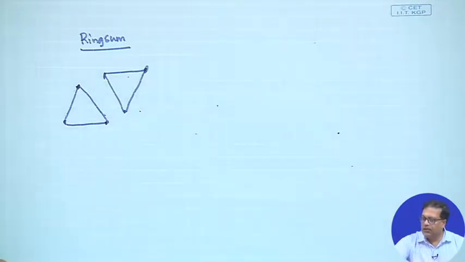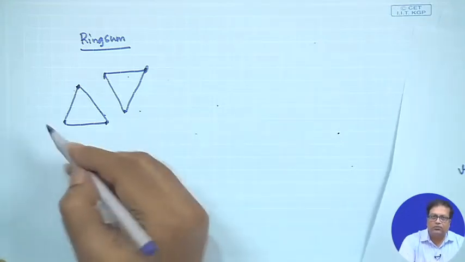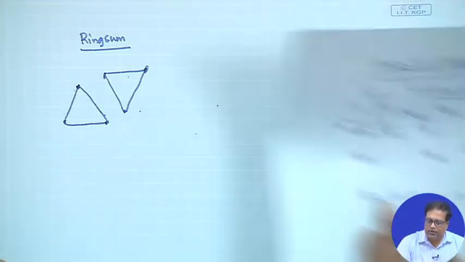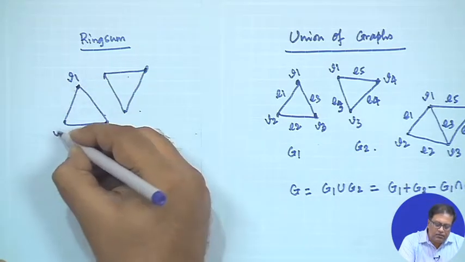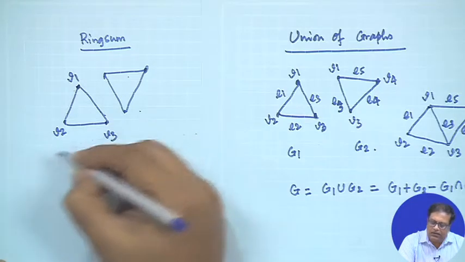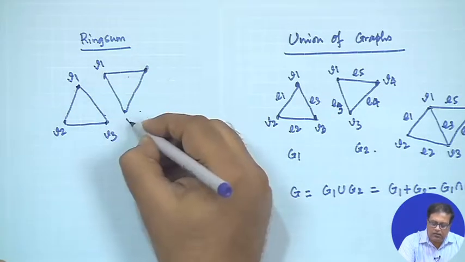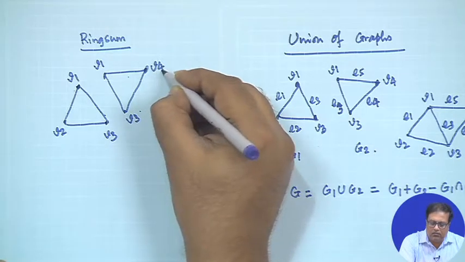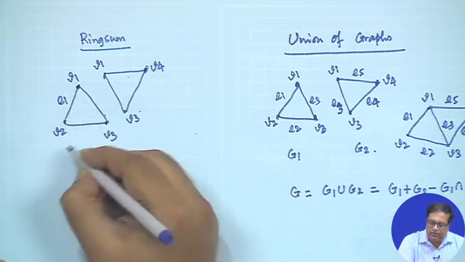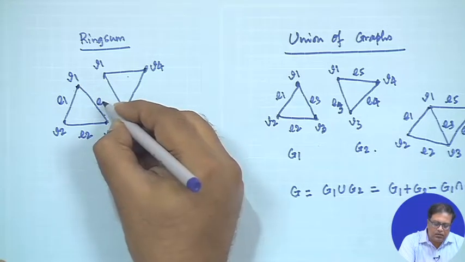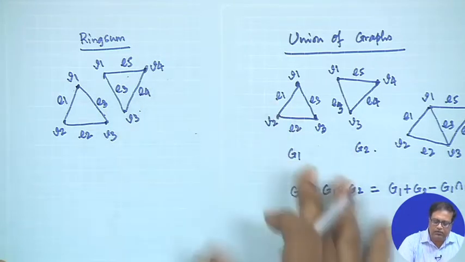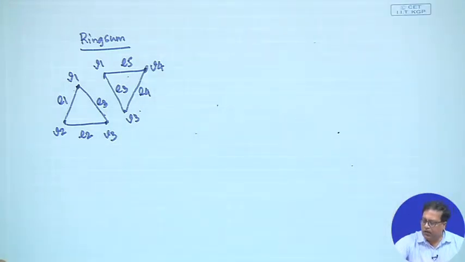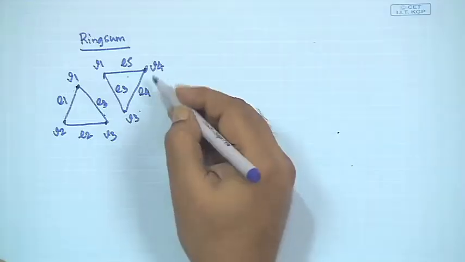We have taken these two graphs: V1, V2, V3 and V1, V3, V4, with edges E1, E2, E3, E5 and E4.